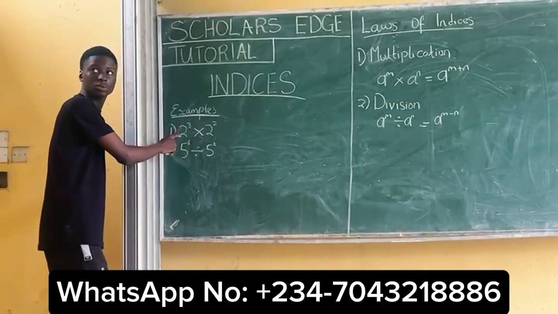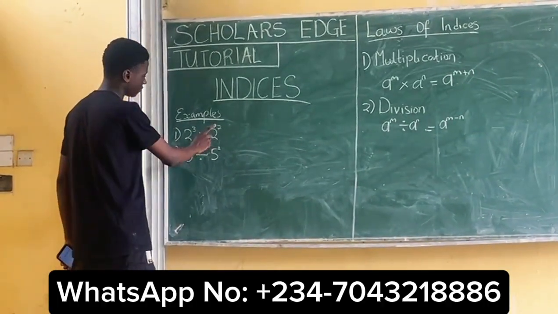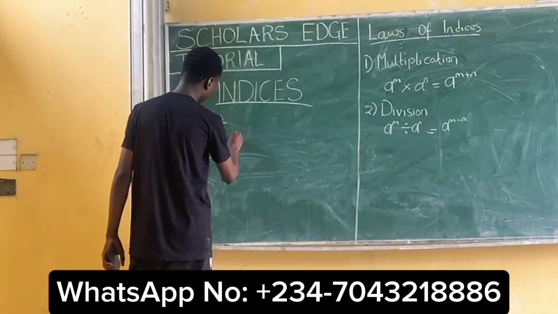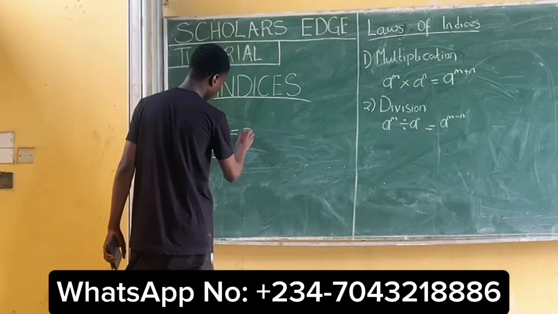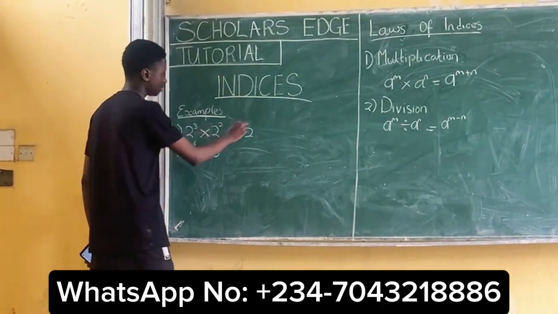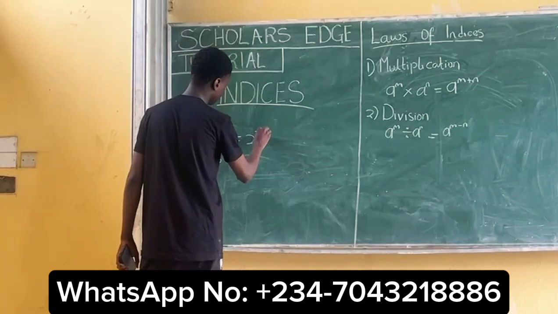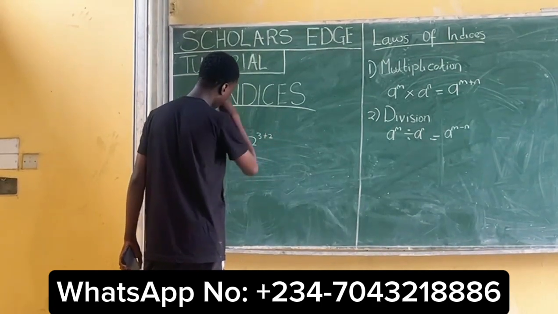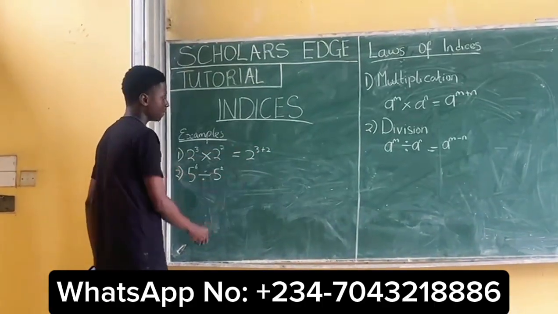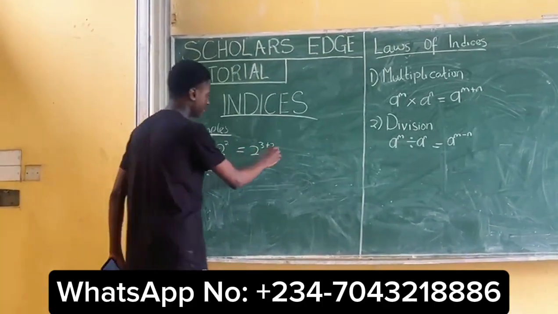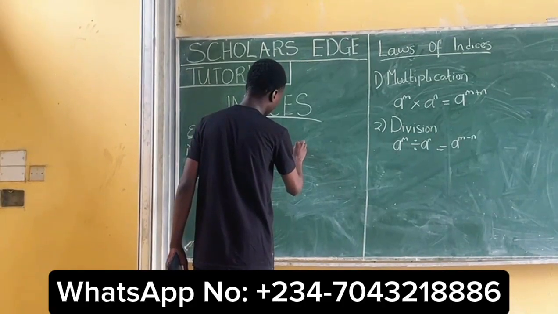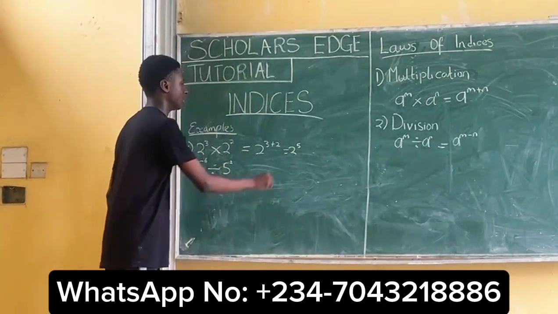You can see here we have 2 and here we have 2. So we pick one of the bases and then we add the powers. So we have 2 to the power of 3 plus 2, and 3 plus 2 is 5. So here we have 2 to the power of 5, and this is our answer.